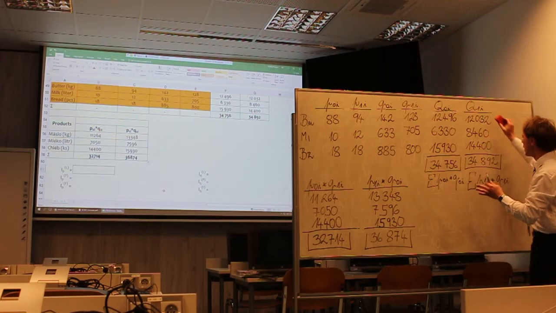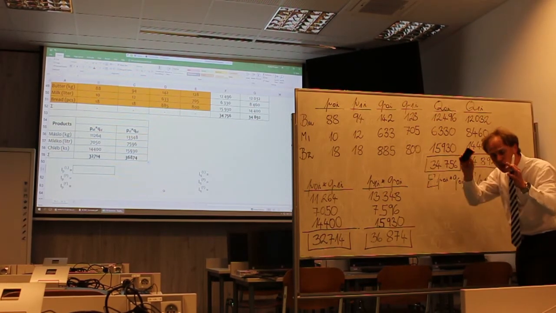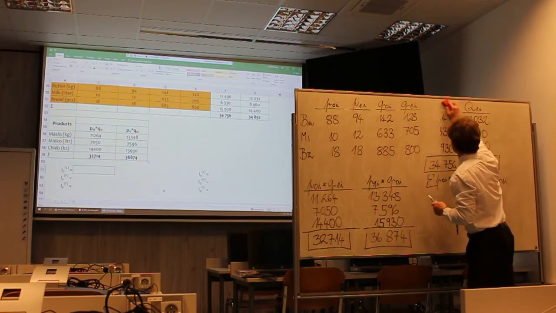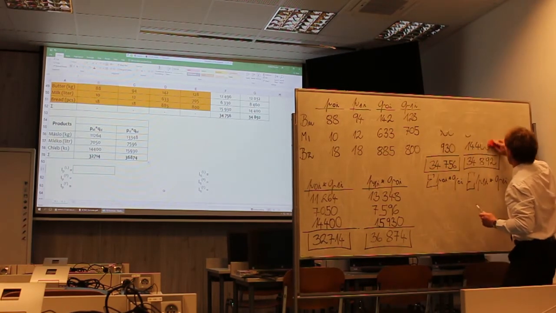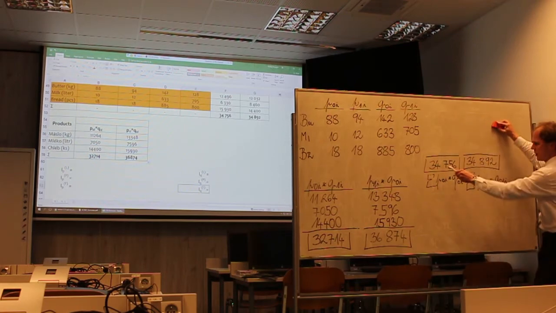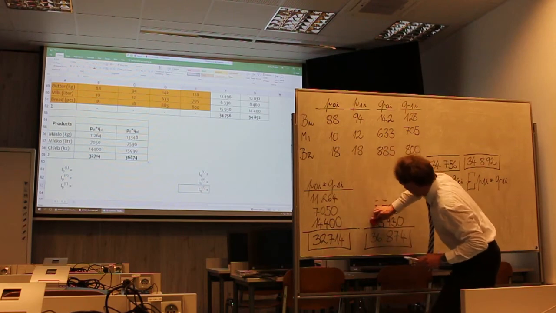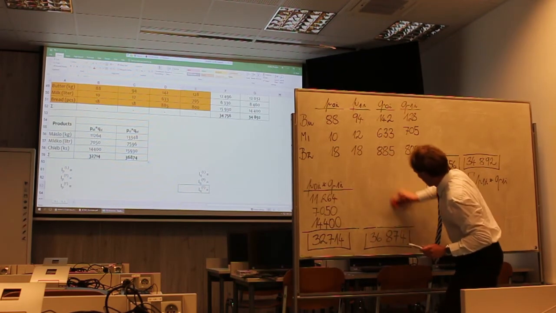These partial values are not so much important. These partial revenues are not important. We need these 2 values and we need these 2 values.